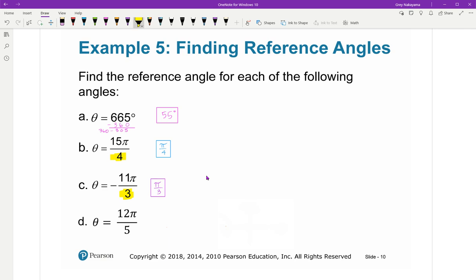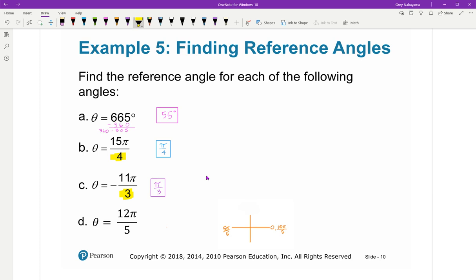12 pi over 5. 5 is not on my unit circle, so I have to think about that quadrant system. All right, I got 0. I have pi. I have pi over 2 up top. So where is 12 pi over 5? Well, 5 times 2 is 10, so all the way around is going to be 10 pi over 5. Halfway around is 5 pi over 5.